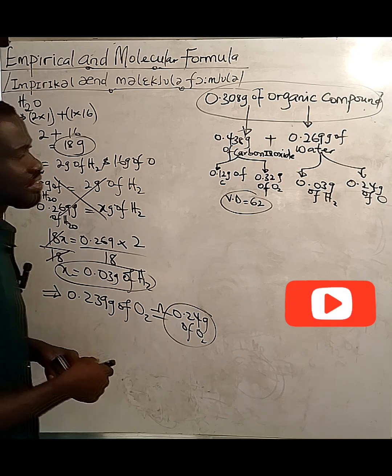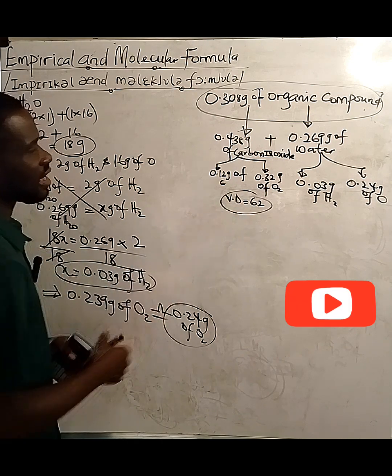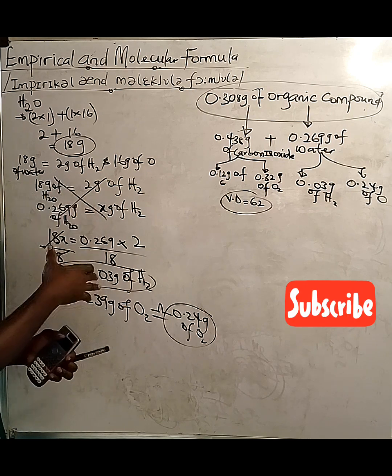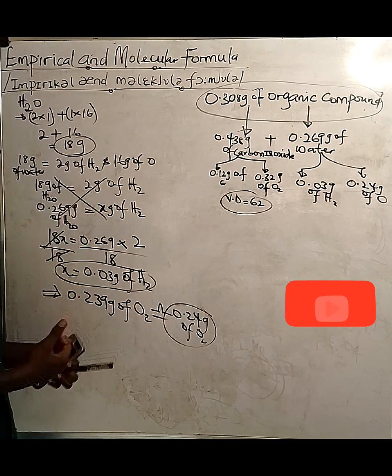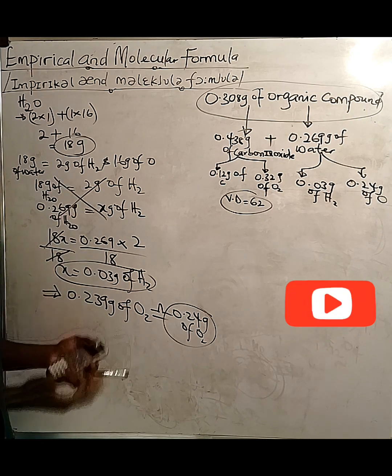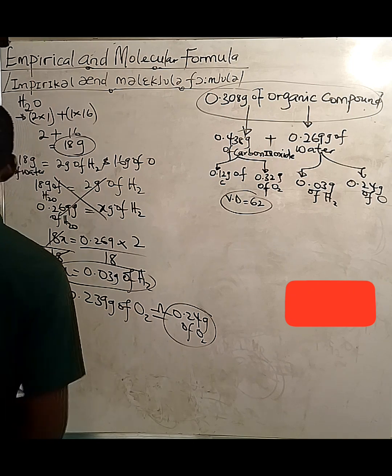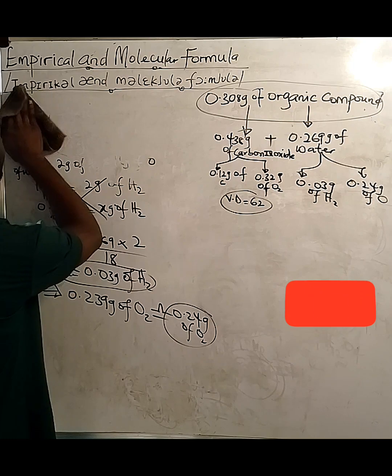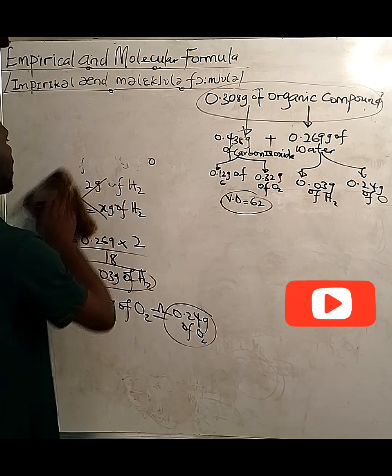So everything is set, and don't forget our vapor density was given as 62. So the next thing we're going to do is draw our table and then finish up the whole thing. We're going to get our empirical formula first, then our molecular formula. So quickly, let's do that. Let's draw our table and finish up what we started.